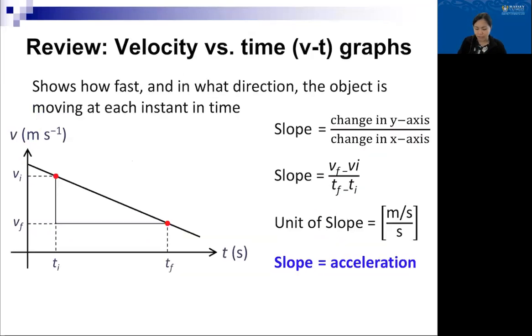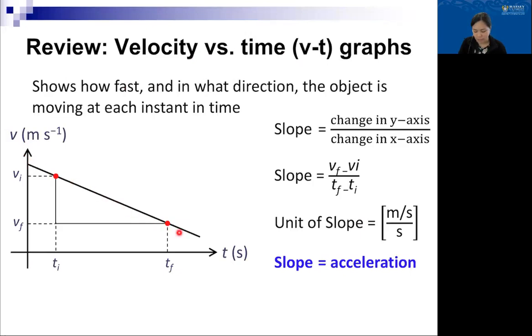And similarly, if you're given a velocity versus time graph, that means velocity will be on the y-axis, and then time will be on the x-axis, measured in seconds. And this graph represents our velocity versus time graph.